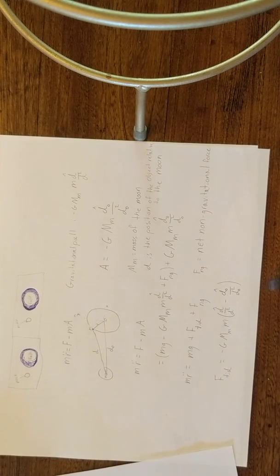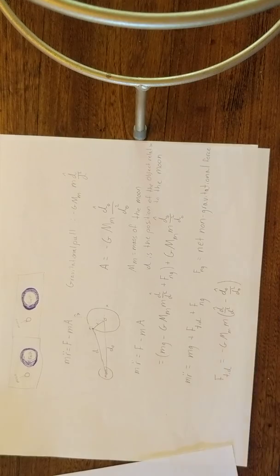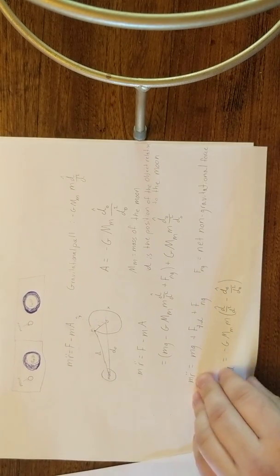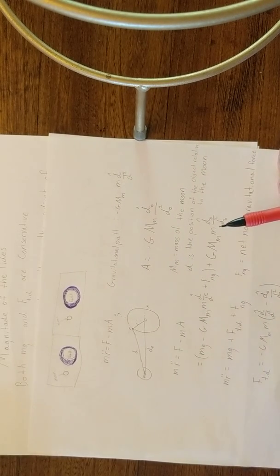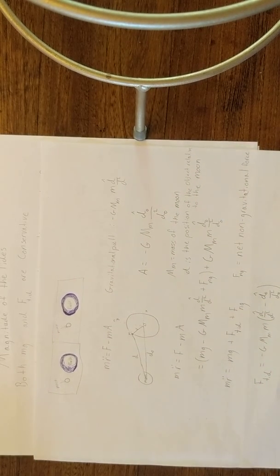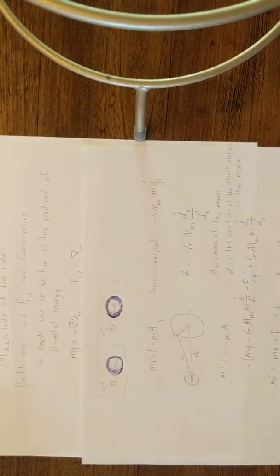And we have written it down as this force over here. Notice that the negative sign stays. So from here, we just need to find the magnitude of the thing. We know that both m g and the tidal force are going to be conservative, and knowing that means we can write the gradient of the potential energy.